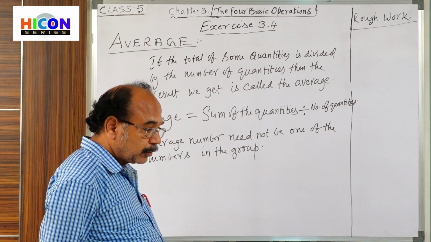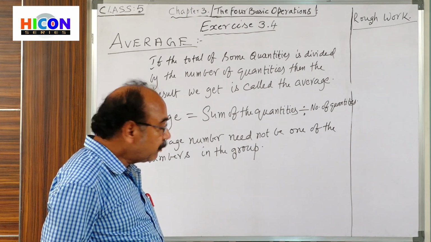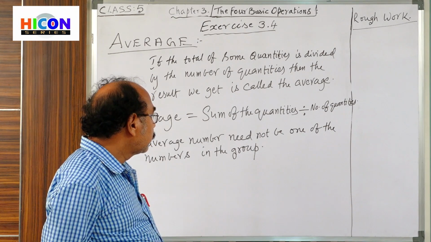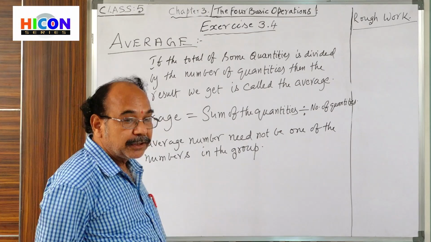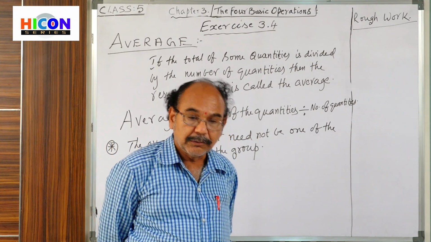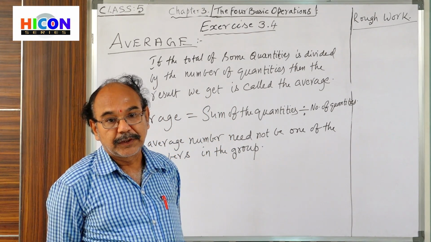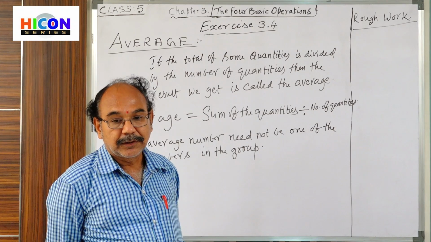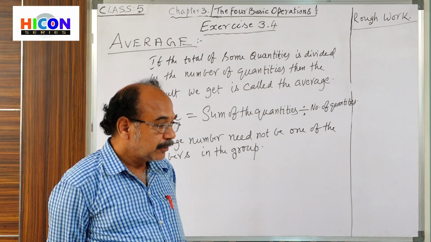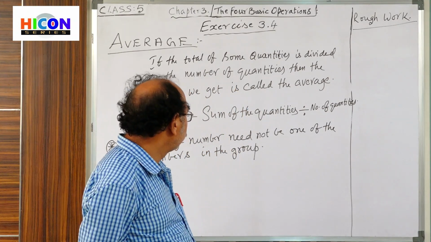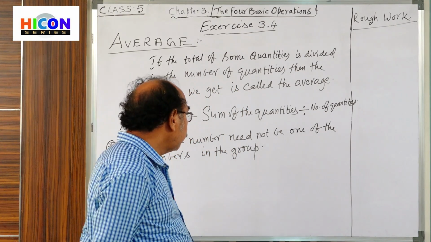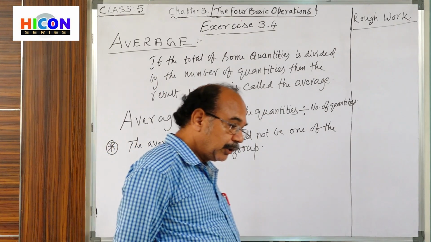So, in the group, any one of the group may not get this average mark. Okay, that means the average need not be equal to one of the numbers in the group.